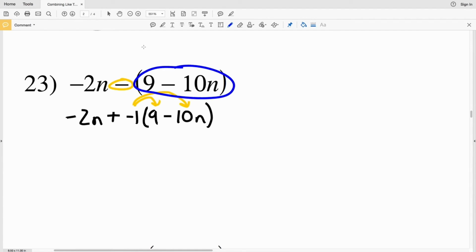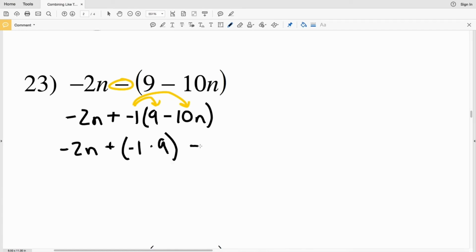This term we can write as 1 times 9 minus 10n, because 1 times any quantity is that quantity that 1 was multiplied to. That's why if we're subtracting this, when we go to add the positive, that 1 becomes a negative 1. Negative 2n plus negative 1 times 9 minus, because we're subtracting between the two terms, negative 1 times 10n.